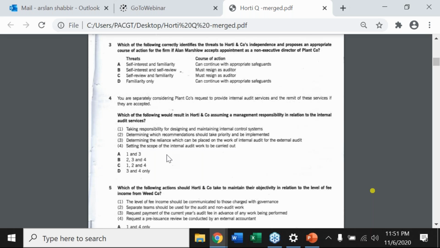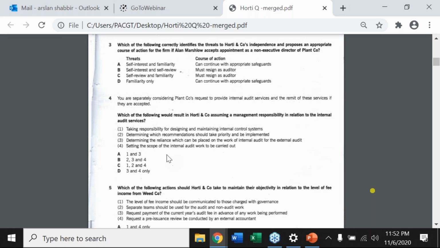C. Determining the reliance which can be placed on the work of internal audit for the external audit. Do you think option 3 is correct? Would the internal audit work determine the reliance for the external audit work?